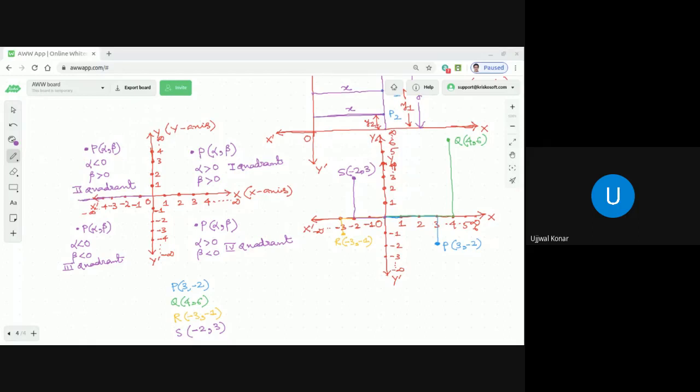This is actually the foundation of coordinate geometry, and this is what is called Cartesian coordinate geometry. This reference frame is known as the Cartesian system. Let me write it down. It is known as the Cartesian system.